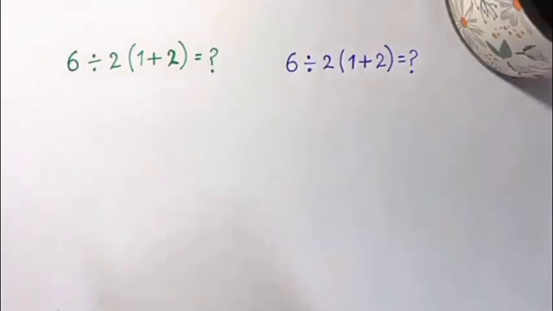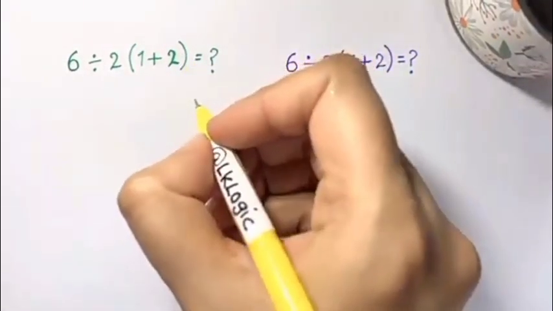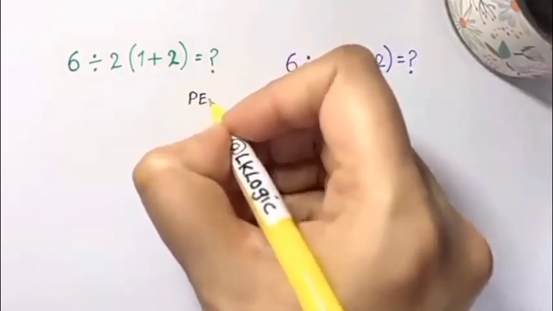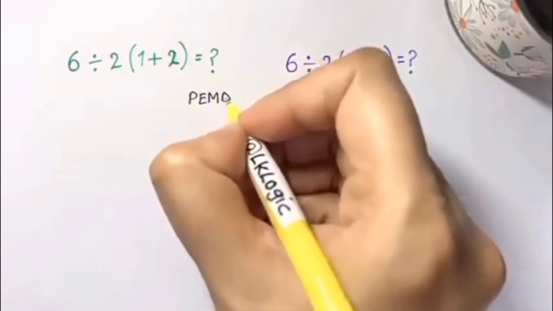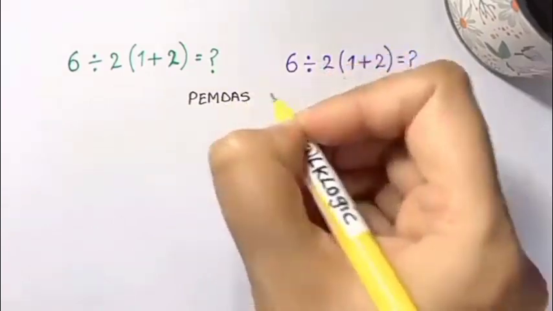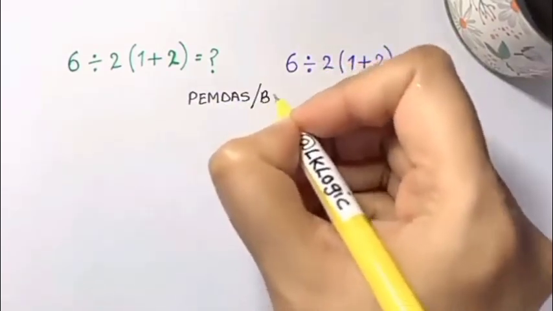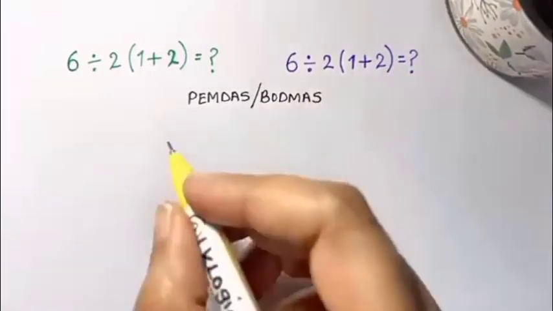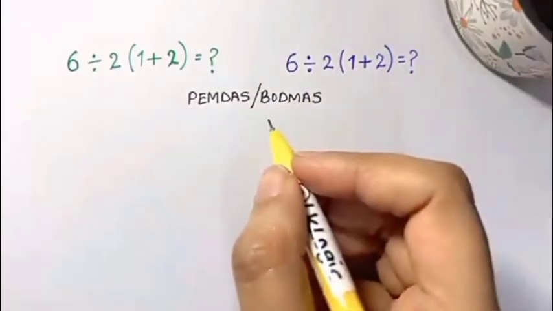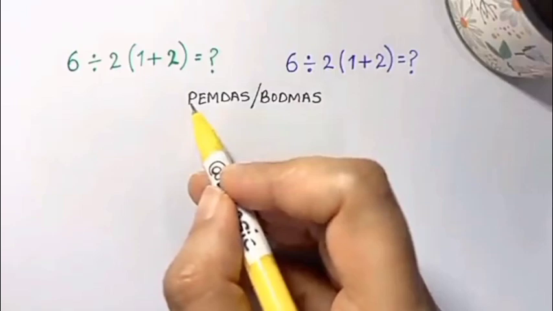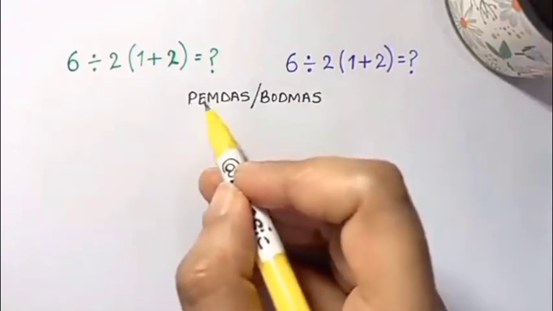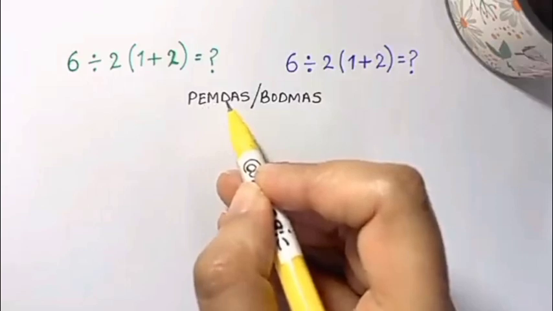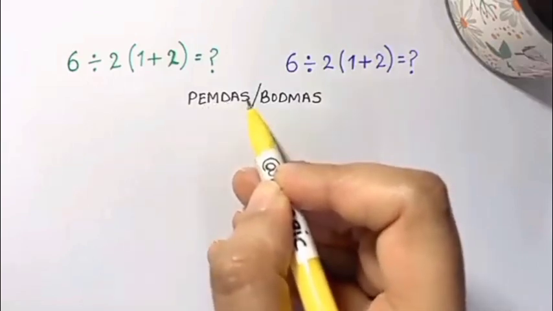It is commonly referred to as PEMDAS, or you can even say that it is BODMAS. This refers to evaluate parentheses or brackets first, then exponents or orders, then multiplications and divisions, and finally additions and subtractions.